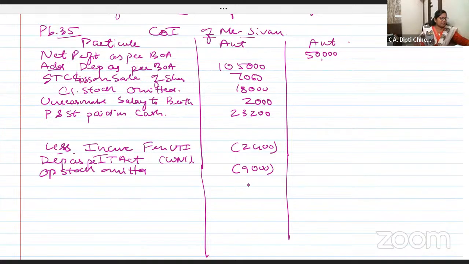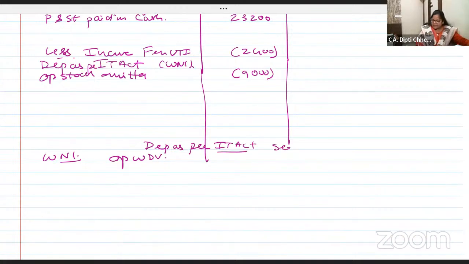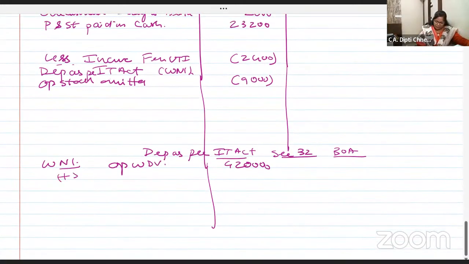Depreciation as per the income tax you have to compute in working note 1. For that, opening WDV. Write down please. Depreciation as per Income Tax Act, Section 32, block of asset method. चलो. What is opening WDV? 4,20,000. Then a new plant is purchased in July. What is July, dear students?